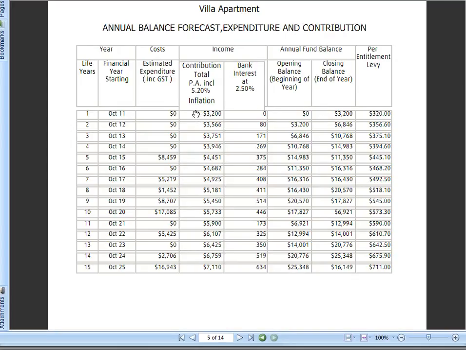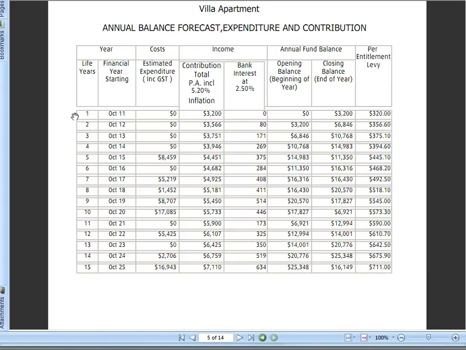So to maintain that building over the 15 years, they're going to need to put aside $3,200 in the first year, and what we've done, we've allowed 5% inflation, so the levies will go up 5% a year to allow for that over that 15-year period of time, and from that we've got bank interest here at 2.5%. Okay, so then the money they've got sitting in the bank can help reduce some of your levies over that period of time.